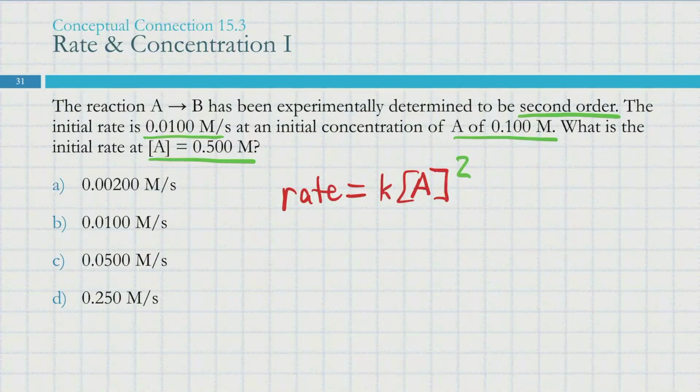We are trying to find another rate, a second rate. To find that second rate, we need to know K and we need to know the concentration. We don't have K yet, but we can figure it out based on that first set of conditions that we were given.